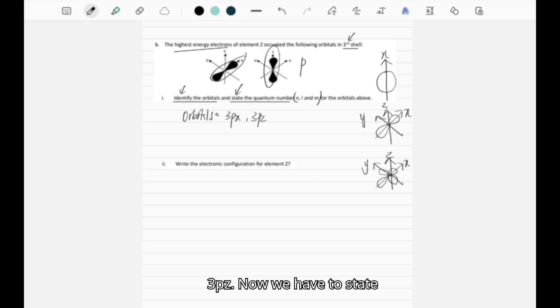Now we have to state the quantum numbers. Basically it is n, l, m, s. The n stands for the number of the shell, l stands for s, p, d, f, whereas m stands for the number of orbitals.